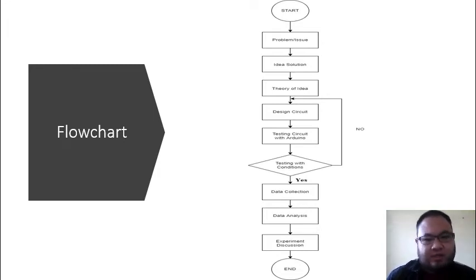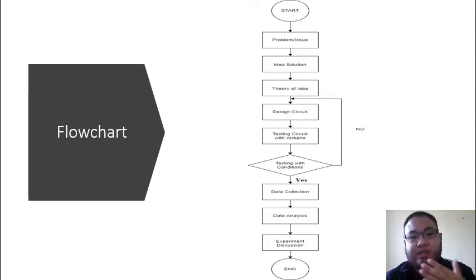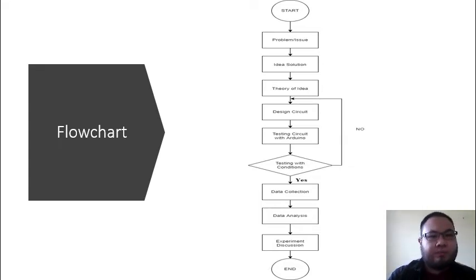When testing the circuits, we apply those conditions, and if the result is what we theorized, then we take some data collection and analyze the data. Once we analyze the data, we come up with a discussion for the experiment, and from that point, we can come to a conclusion. If the testing with the conditions doesn't work, we have to go back and redesign the circuit so we can understand what is wrong and what we can replace.